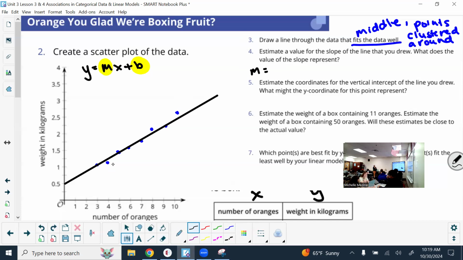For the slope, when we're doing these exercises, I recommend y2 minus y1 over x2 minus x1. It is equivalent to rise over run or change in y divided by change in x, but this one does work better for this unit and also moving forward. What's another word for slope?